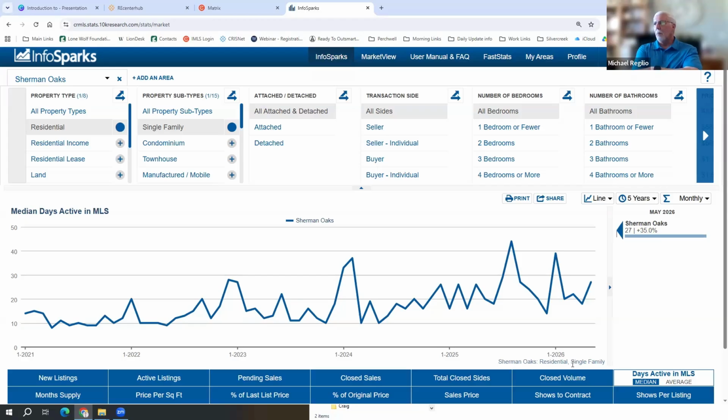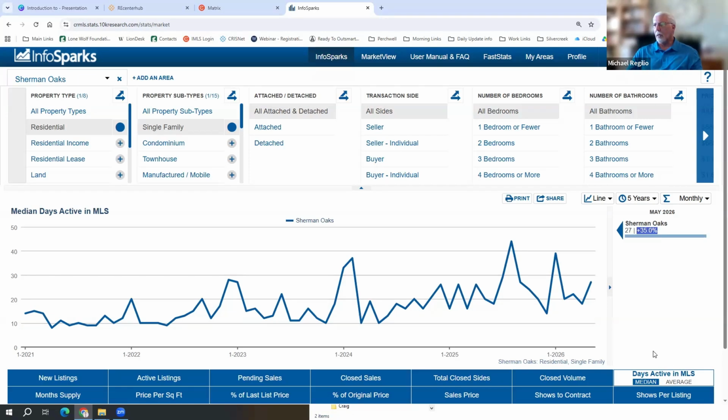But what has the actual days on market been for the properties in the marketplace? In Sherman Oaks, the median days on market for properties that closed was 27, which is up 35% over last year. So that tells us that it slowed down by 35% over what happened last year.